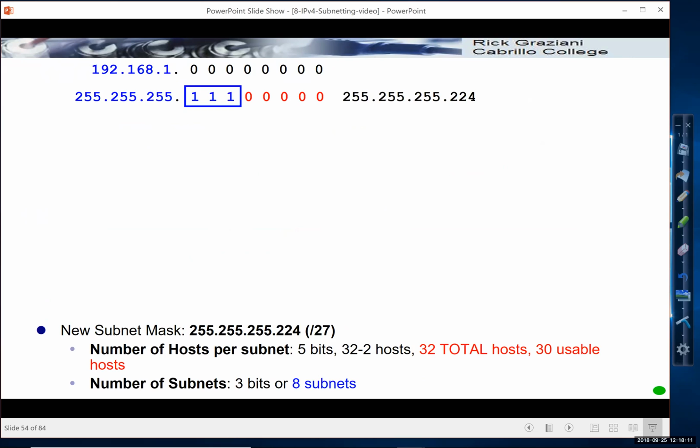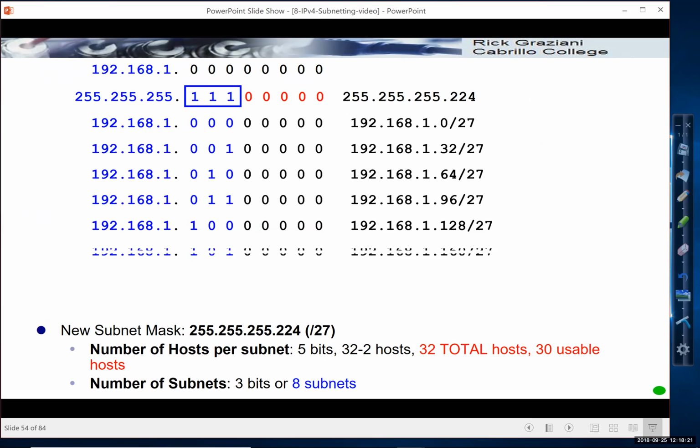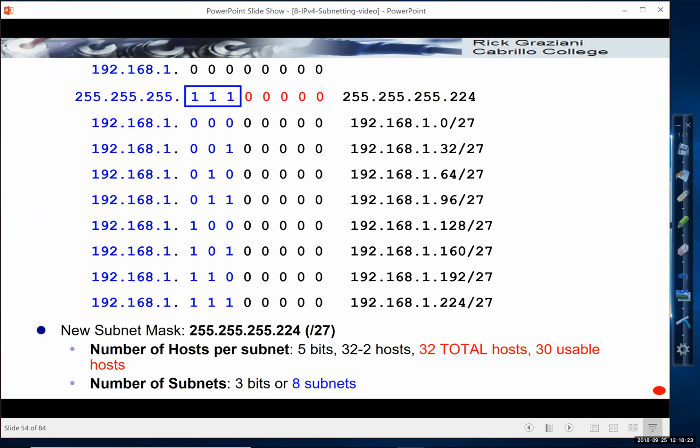Looking at the subnets, those 3 bits go from 3 zeros all the way to 3 ones, and I get my 8 subnets. Again, remember that trick from the previous video: 32 total hosts, so each subnet increments by 32.